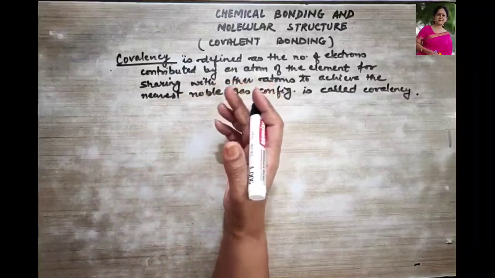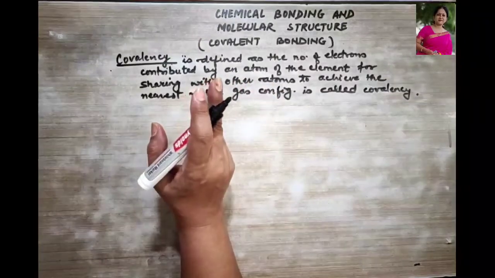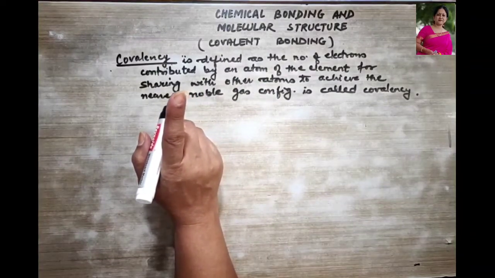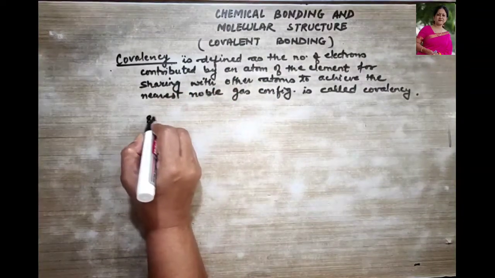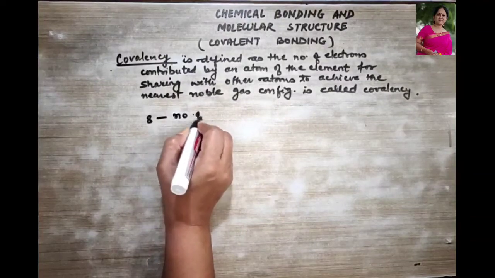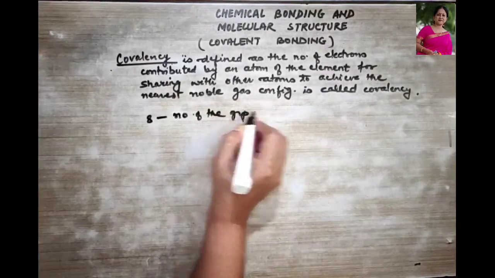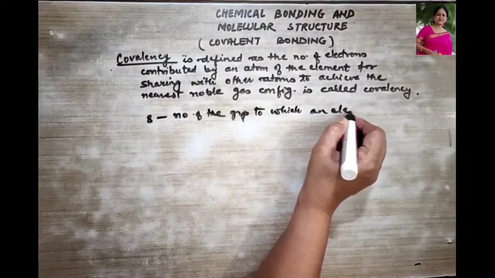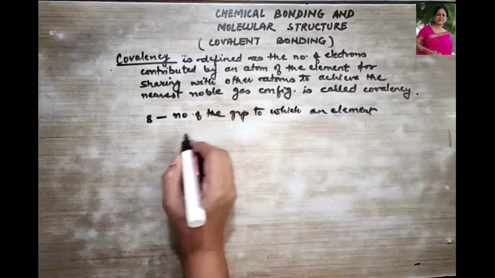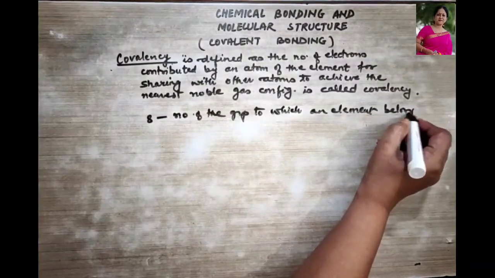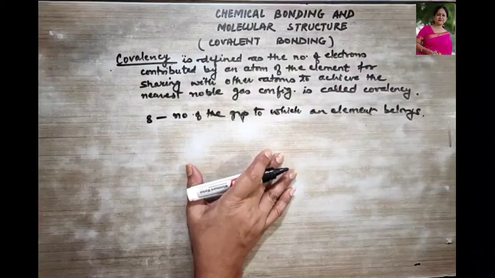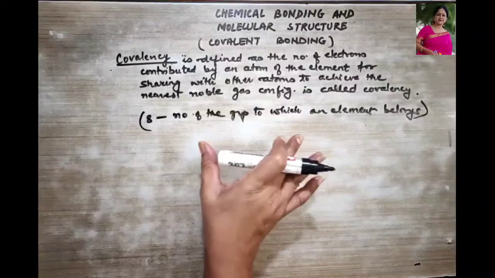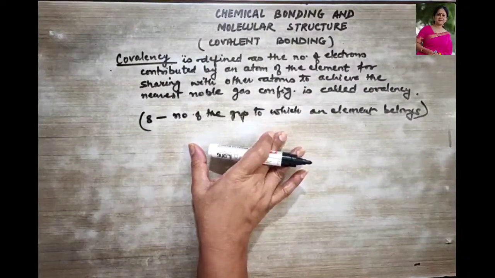So the usual covalency of an element, except hydrogen, whose covalency is 1, is always equal to 8 minus the number of the group to which an element belongs. That is called its covalency. This is not for hydrogen, but it is for all other atoms.